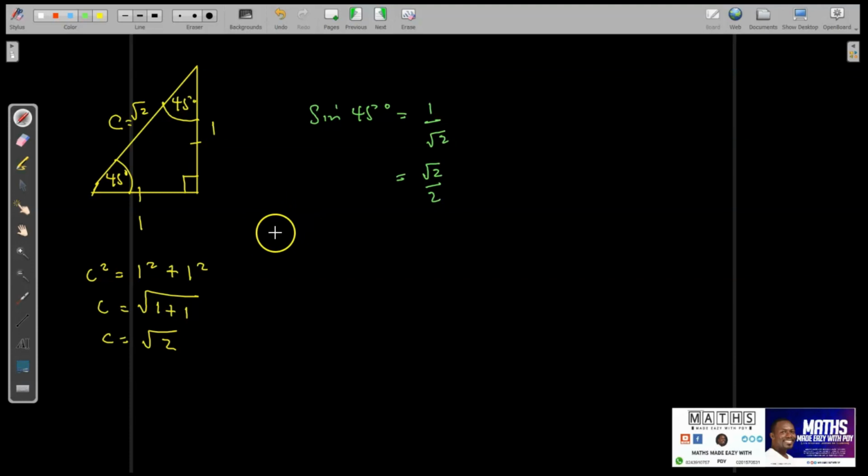Okay, that's perfect. Then when we come to cos of 45 degrees, what is it giving us? Adjacent side of any of the 45 degrees. If I'm considering this, what's the adjacent value? 1. 1 on the hypotenuse, which is root of 2. So what will be the final answer if we rationalize?